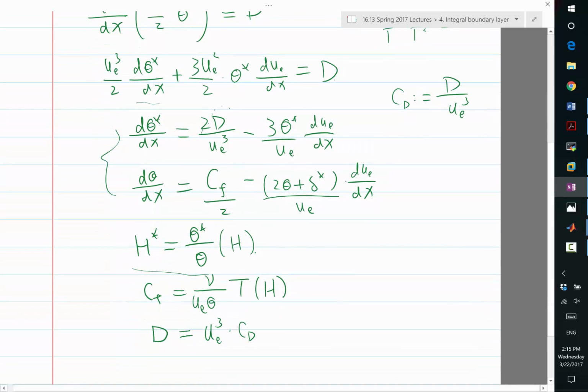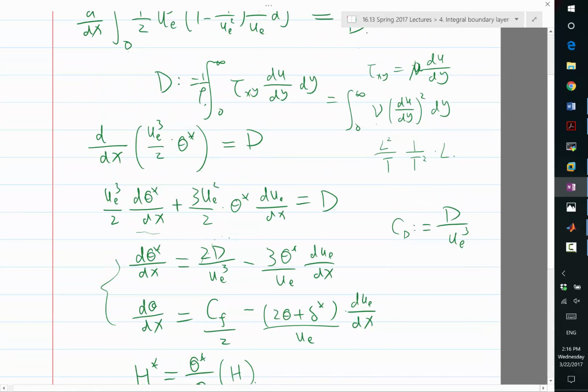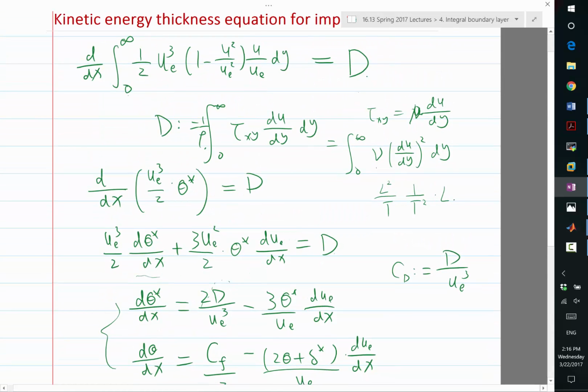So that means CD cannot be expected to be just a function of H. This is because if you keep nu fixed and scale ue, D scales like ue squared.